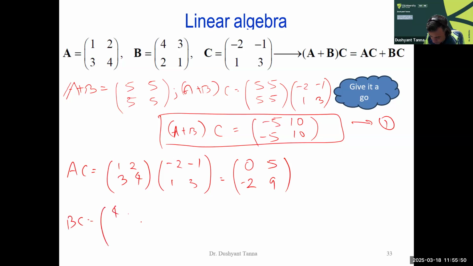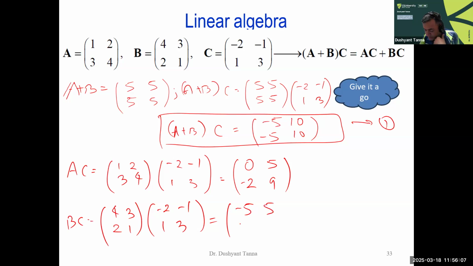4, 3, 2, 1 with minus 2, minus 1, 1 and 3. Minus 8 plus 3, so that's minus 5. Minus 4 plus 9, so 9 minus 4, that's plus 5. Then I got minus 4 plus 1, so that's minus 3.